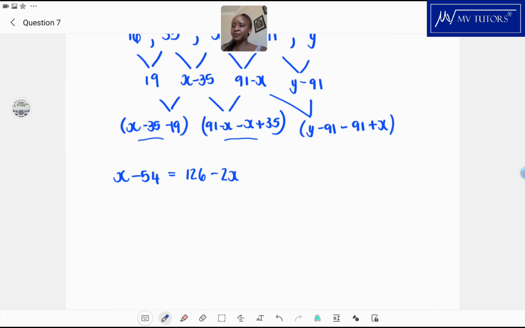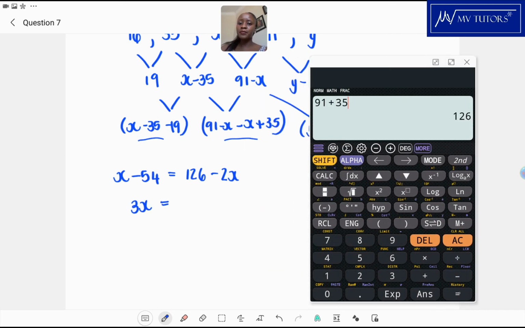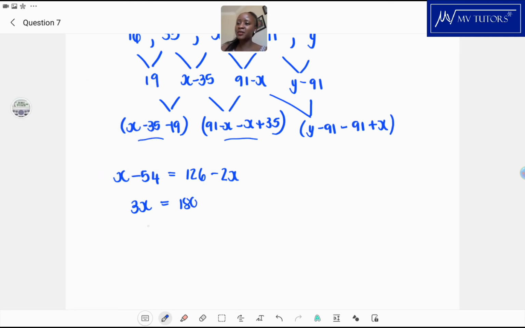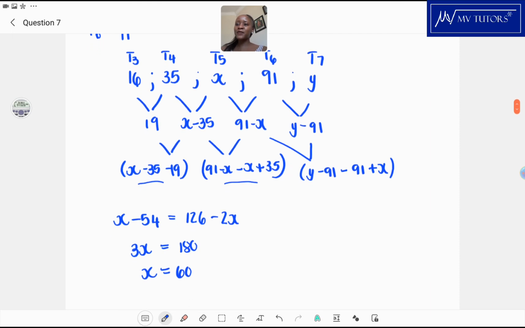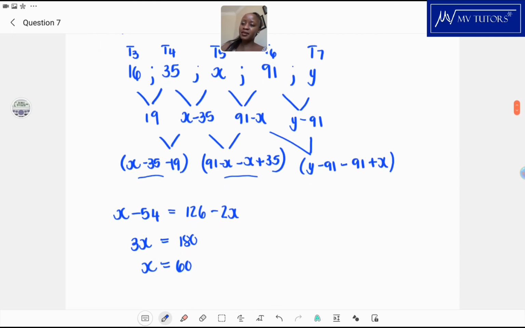All right. Can we do something here? I believe so. If I take x that side, I would have 3x. And 126 plus 54, I have 180. Oh, nice, it's a nice term. So x would be 180 divided by 3, which is 60. Okay, we're getting somewhere here. So we know that the fifth term is 60.